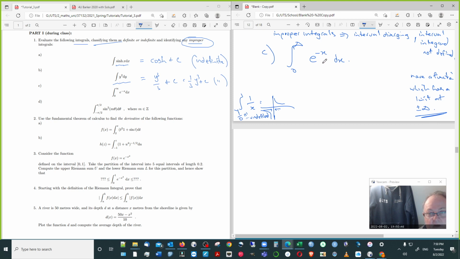So in this case here, what does e to the minus x look like? e to the minus x goes whee. There it is at 1. And down here at infinity, what's the value of the function? In the limit, it's 0.